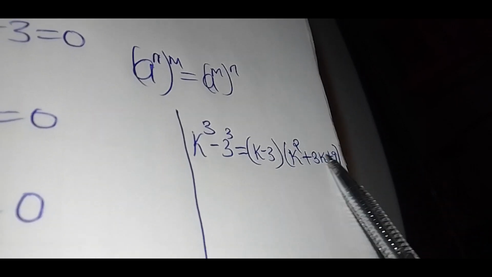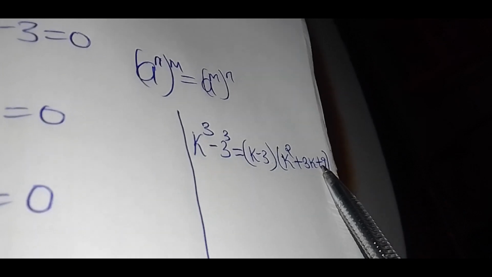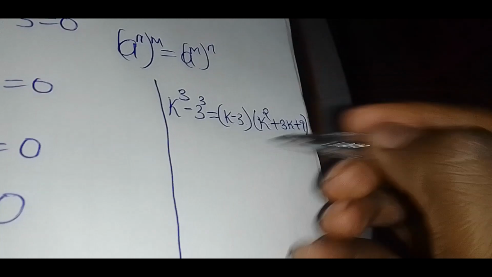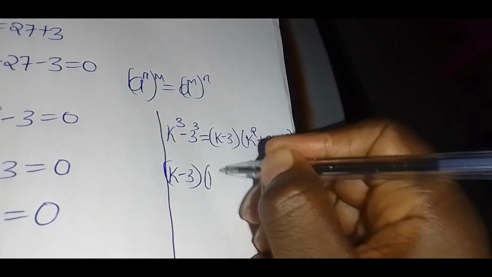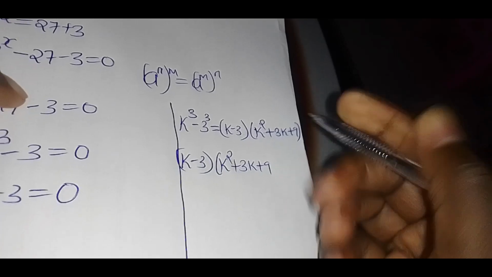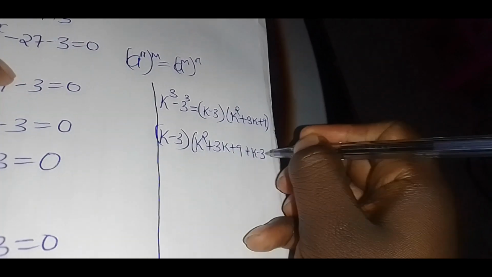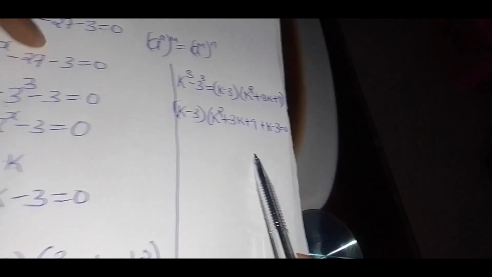So we plug this k minus 3, k squared plus 3k plus 9 back into the equation. We'll have k minus 3, then k squared plus 3k plus 9, then plus k minus 3, which is equal to 0.